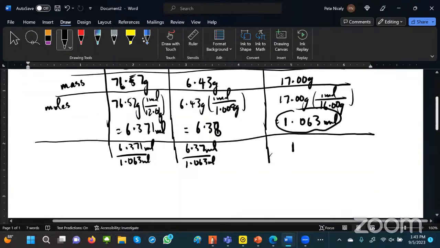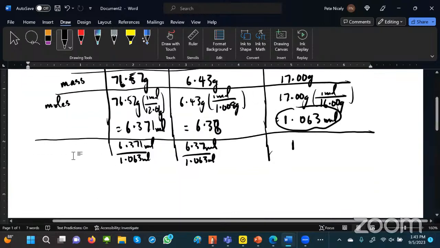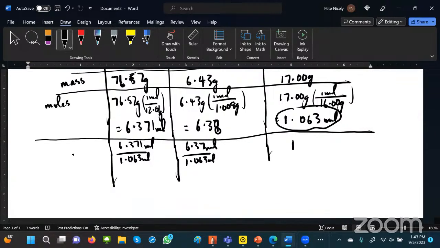So when we work these out, 6.371 divided by 1.063. According to my calculation, this works out to be equal to 5.993.